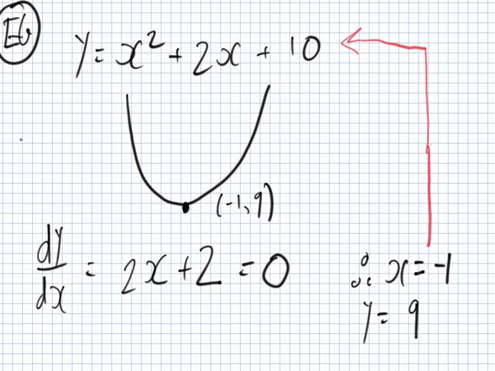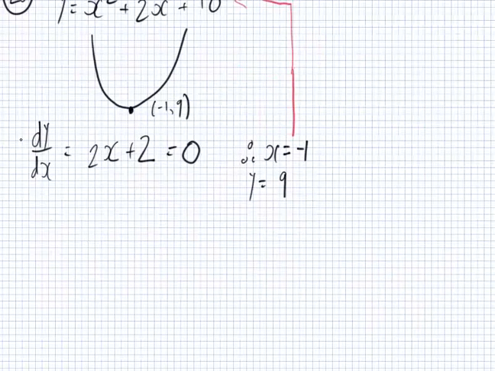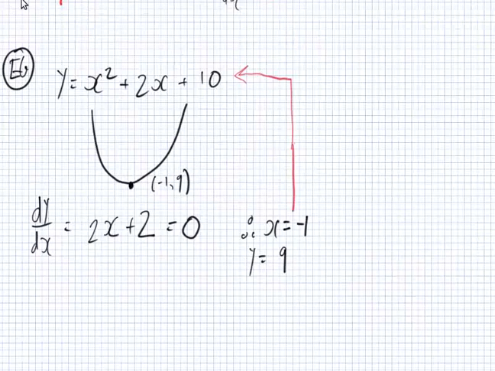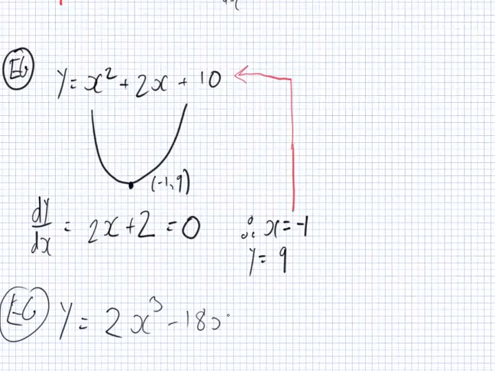Okay, let's have a look now at a cubic as an example next. So example, y equals 2x cubed minus 18x squared plus 54x plus 20.